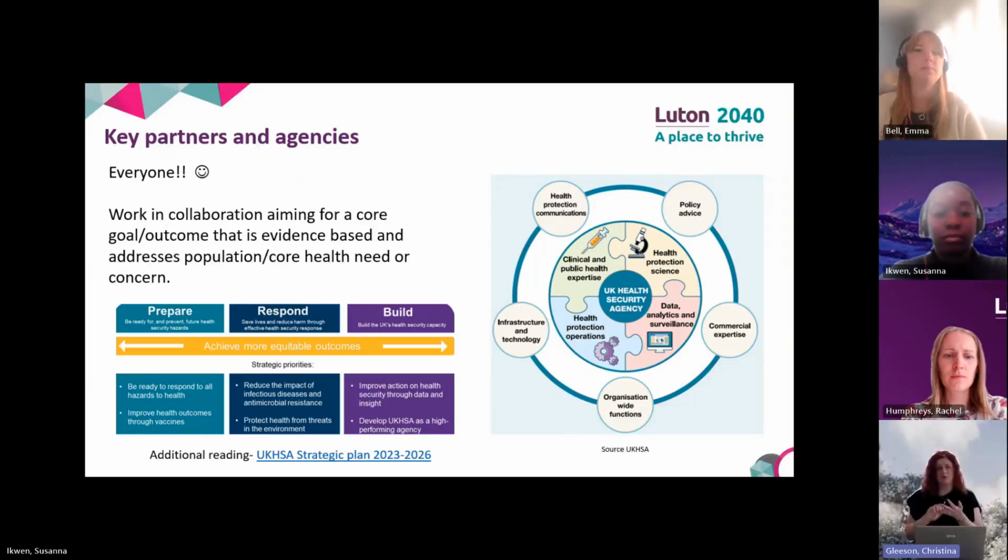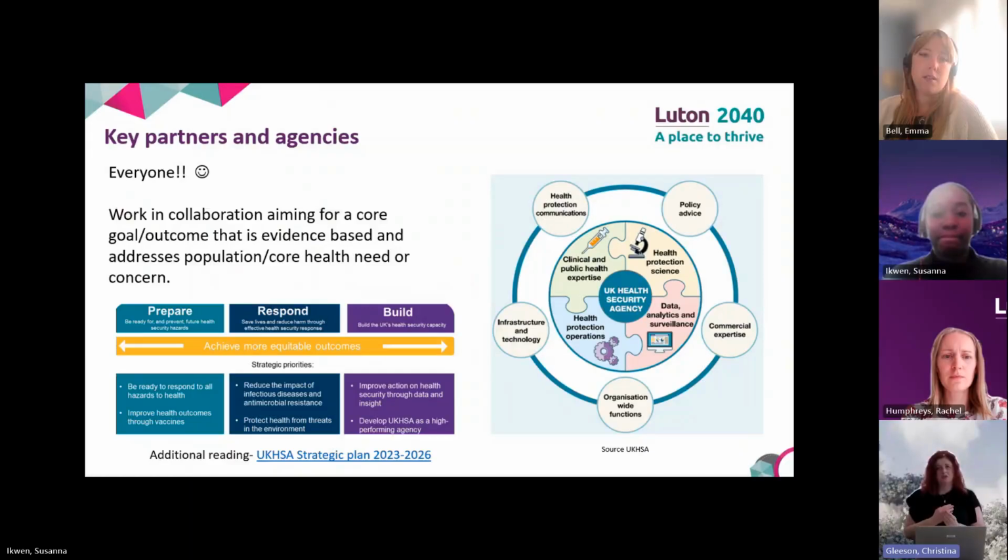You'll have your integrated care boards and integrated care systems, ICBs and ICSs. You'll have your acute trusts, and a number of other agencies, animal and plant agency, water utilities. We all come together to prepare, respond, and build, because it's very much a multi-agency response.